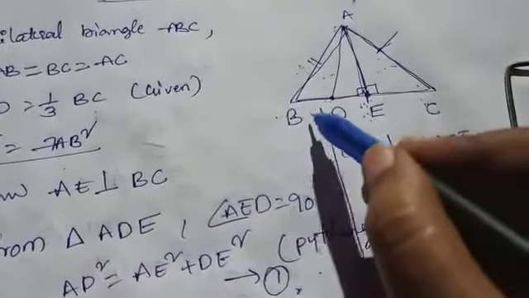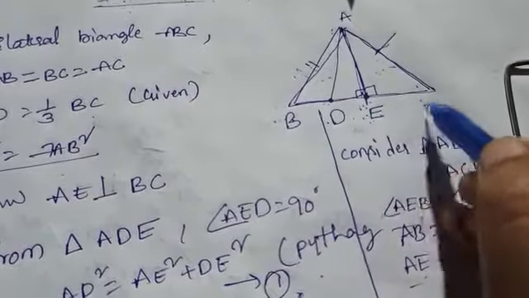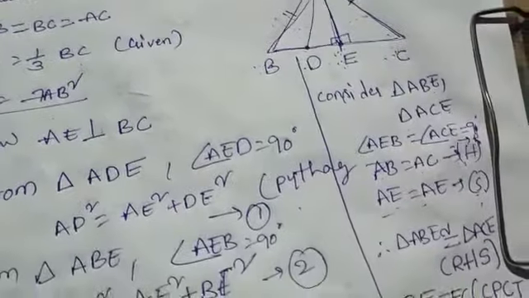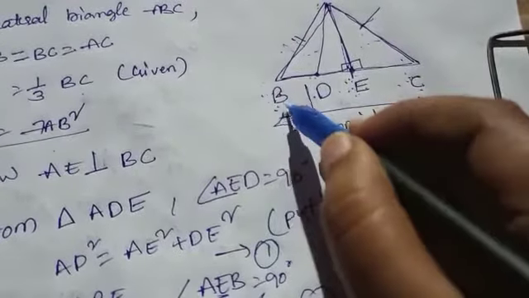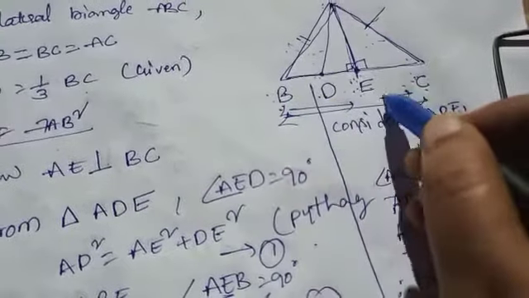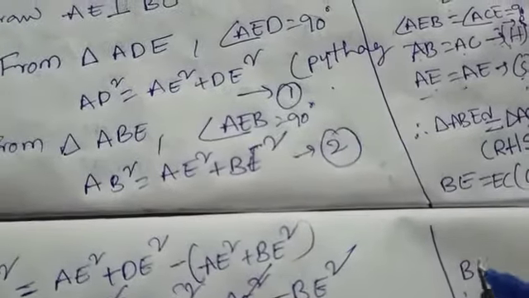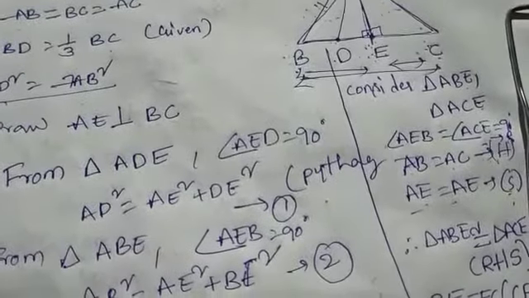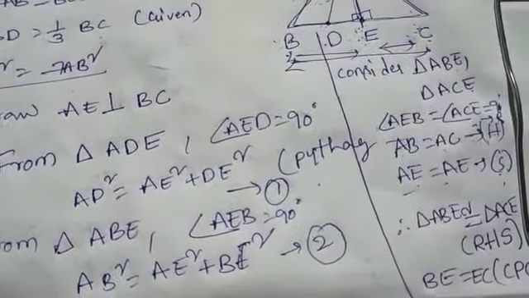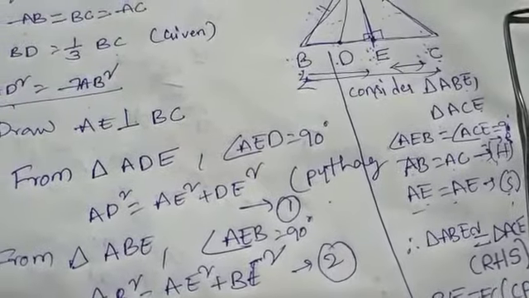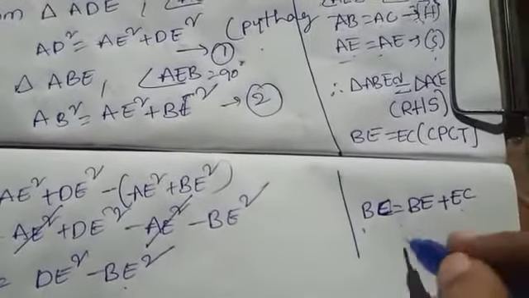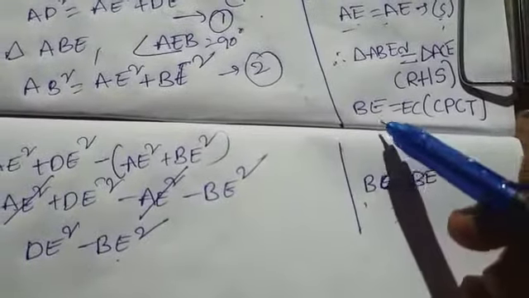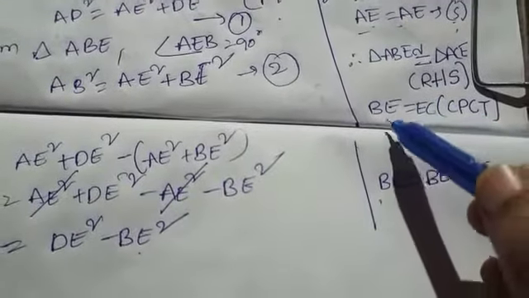See this figure. BE equal to EC. BC equal to BE plus EC.